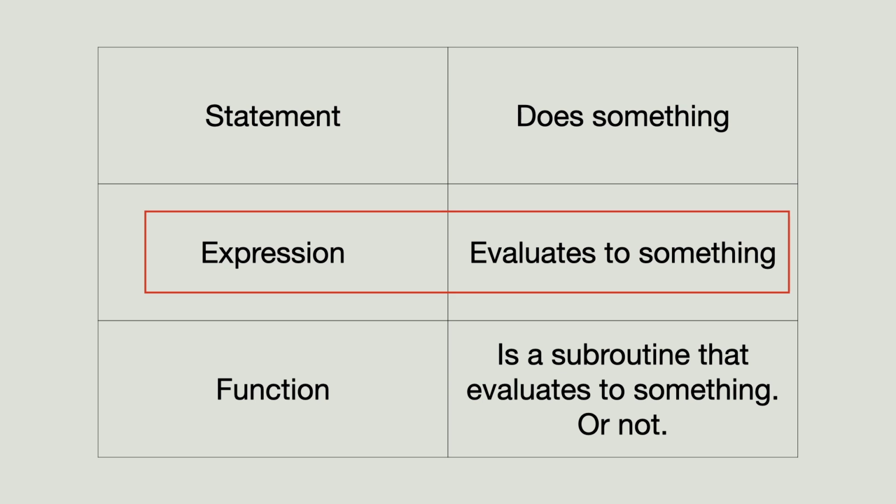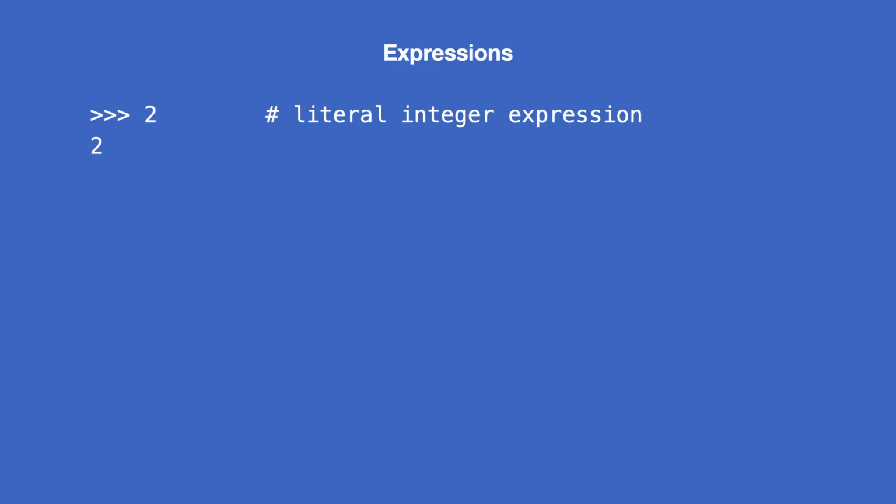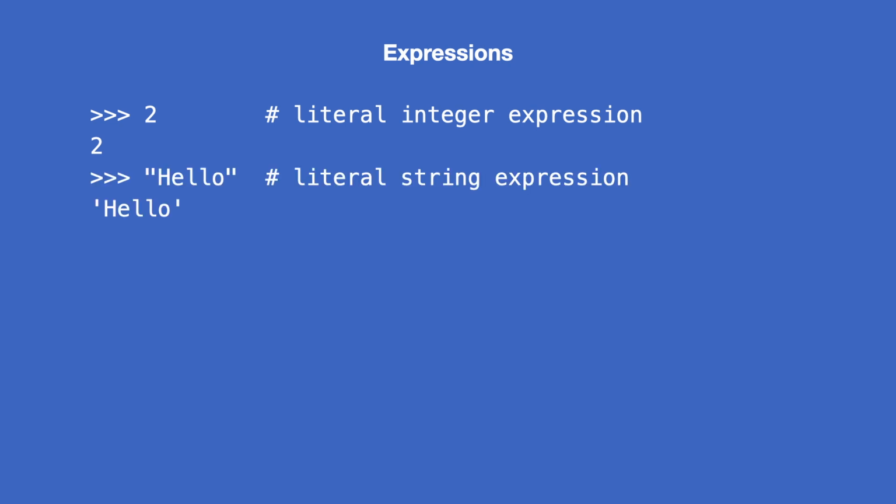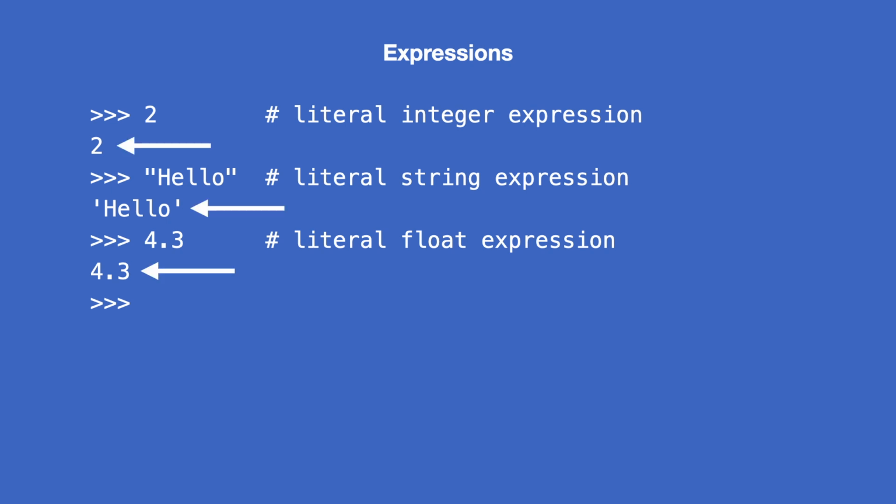What does evaluate to something are expressions. There are literal integer expressions, literal string expressions, literal float expressions, and Python has a few more ways to create literals. They all evaluate to something. Expressions can have numeric operators. The result of the calculation evaluates to a value.